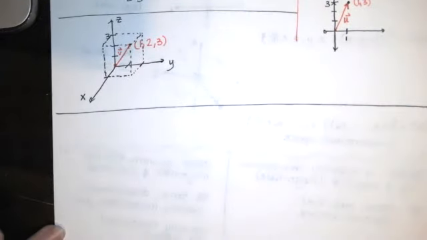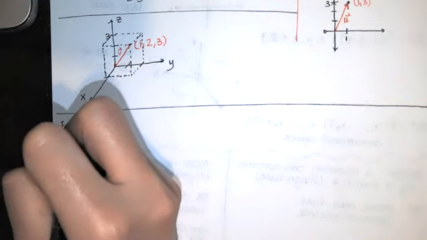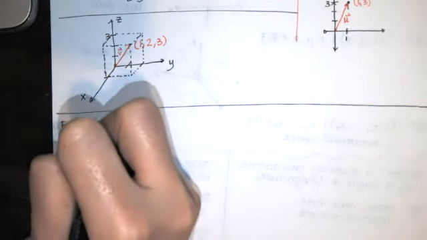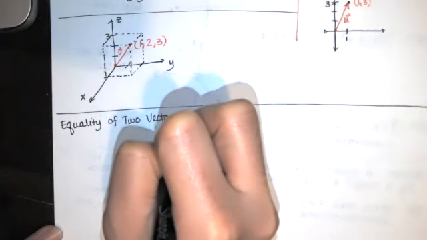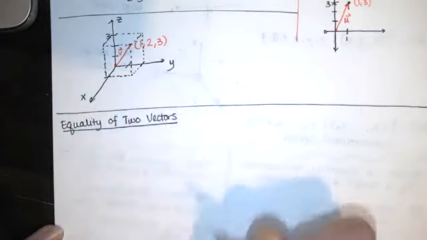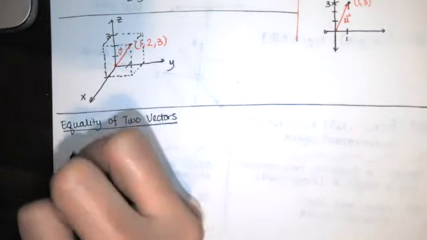So you might say that leads us to our next idea, the equality of two vectors. What does it mean for two vectors to be equal?